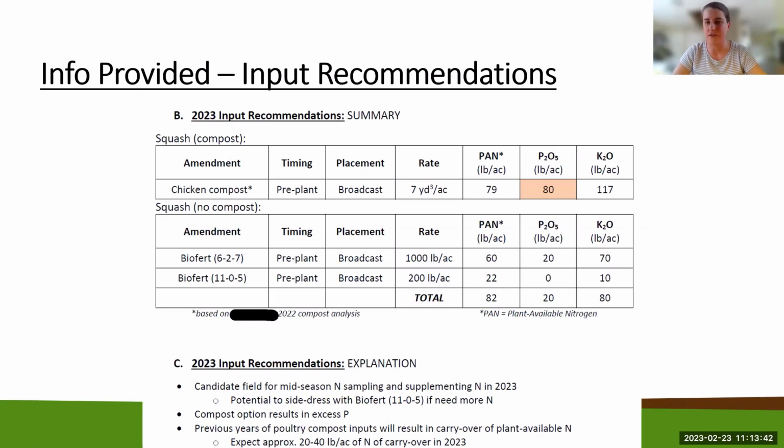This is where I can also take into account what inputs the grower is interested in using and how inputs have worked out for them in the past. So I can take the calculations from the calculator with a bit of a grain of salt, and incorporate these other pieces of information to create my input recommendations. In this case, the grower wanted a scenario where they were able to use compost and a scenario where they were using no compost. So it gives me some options to meet the grower's needs.